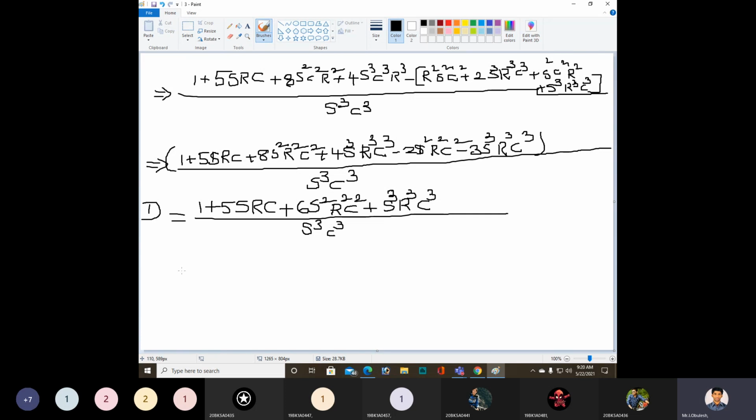That equals to, this is for I3, right? By using Cramer's rule, we are getting the I3 value, right? So I3 is equal to D3 by D.